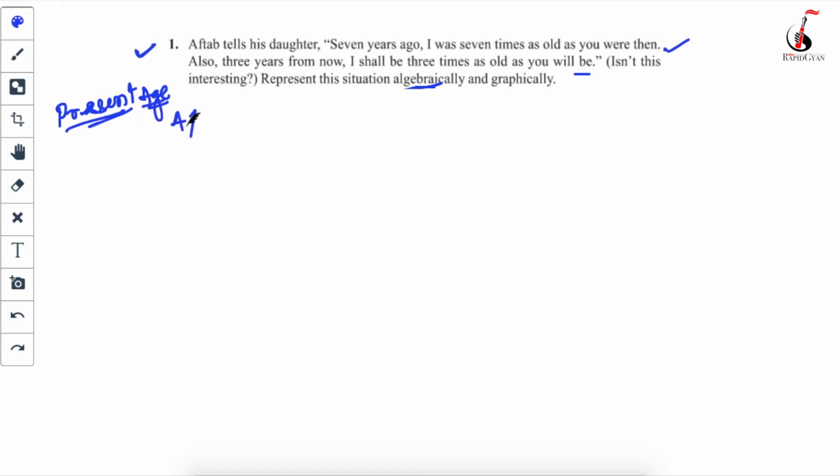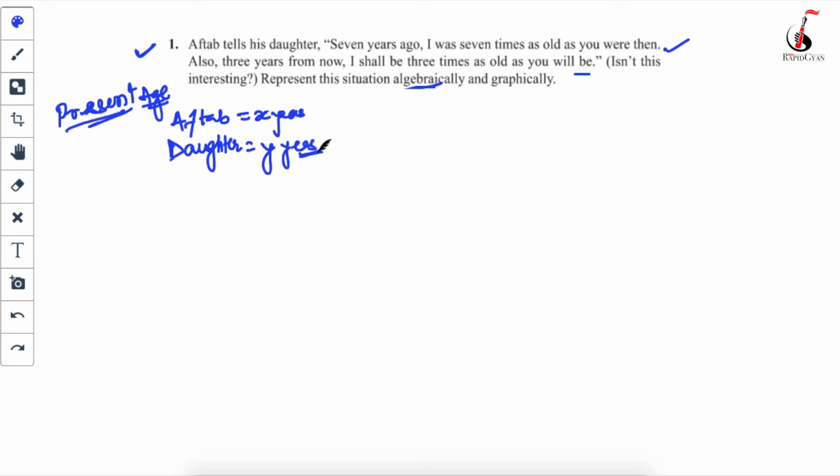So, in the exam, write it: let the present age of Aftab be x years, and the present age of his daughter, D, be y years.